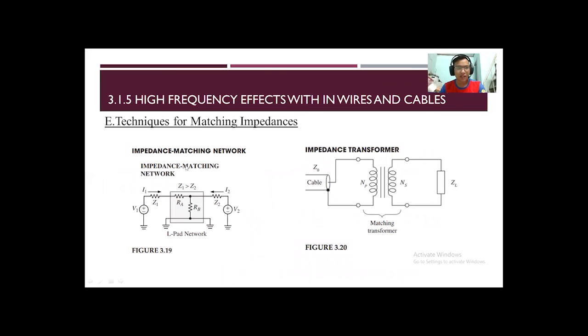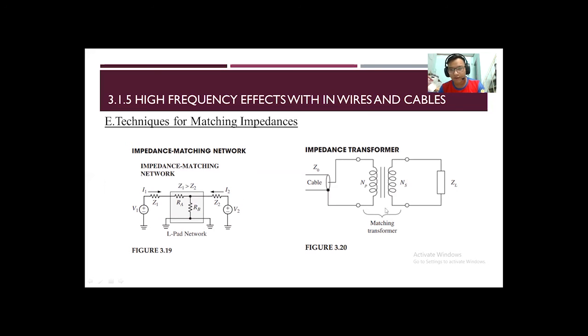Next, we have a technique for matching impedance, like a solution for unmatched impedance. Here we have a circuit with resistances, Z1 greater than Z2.